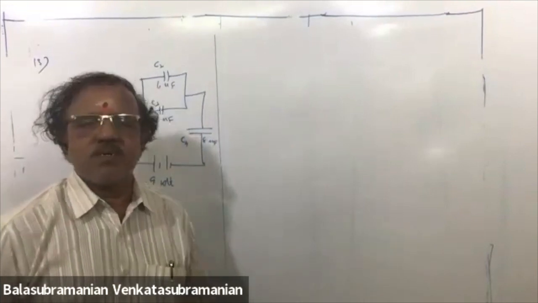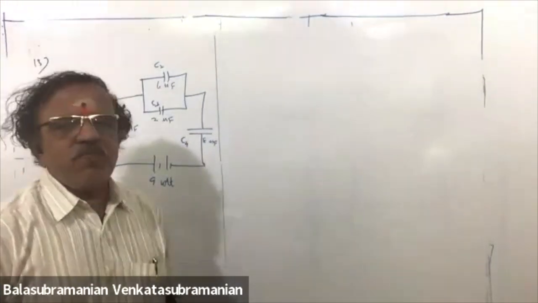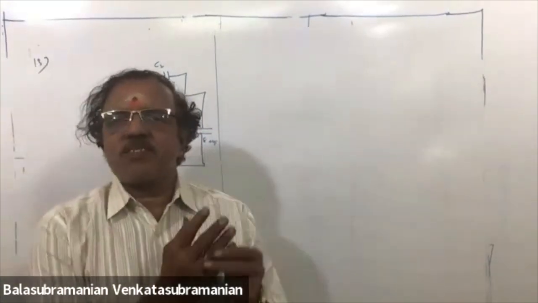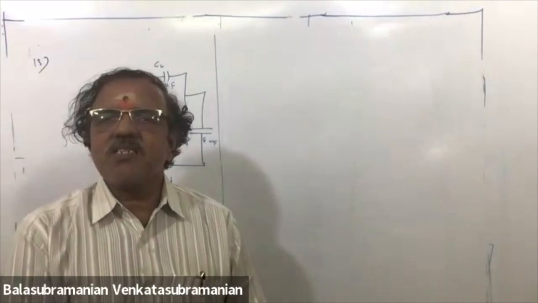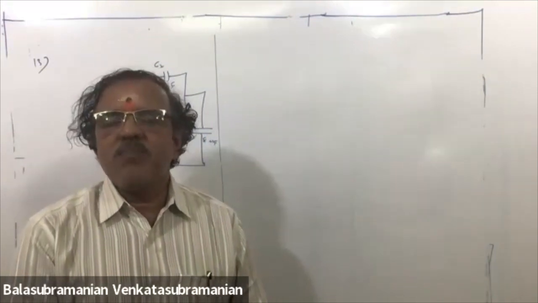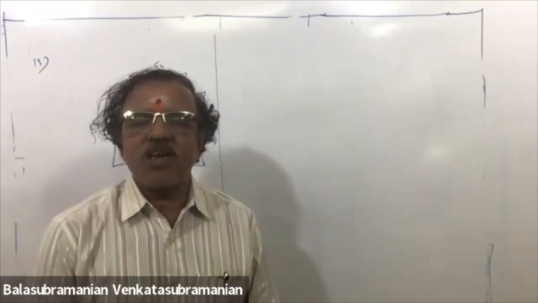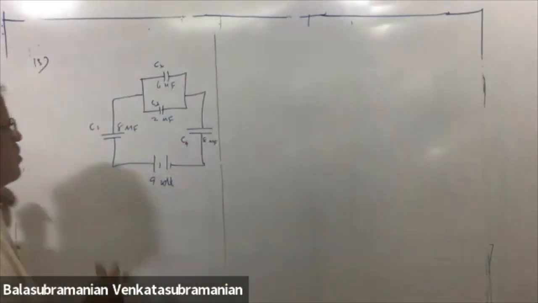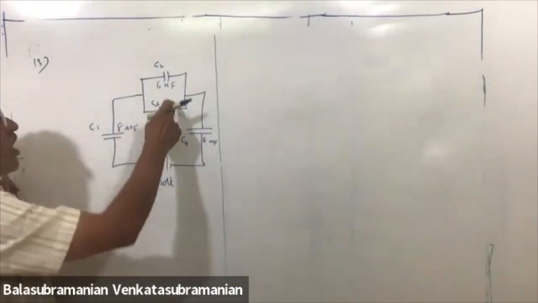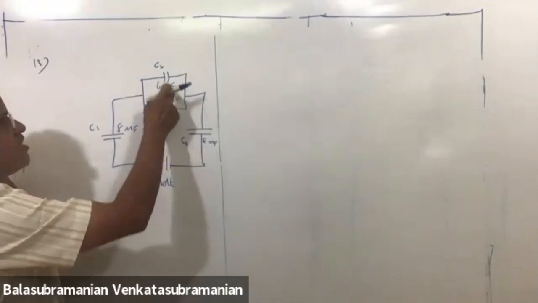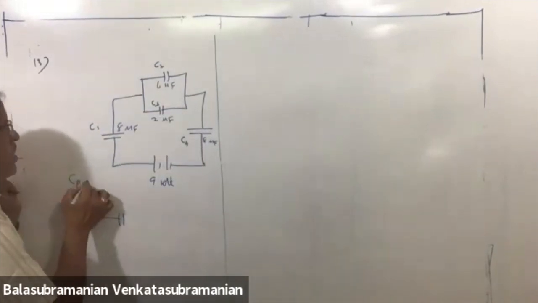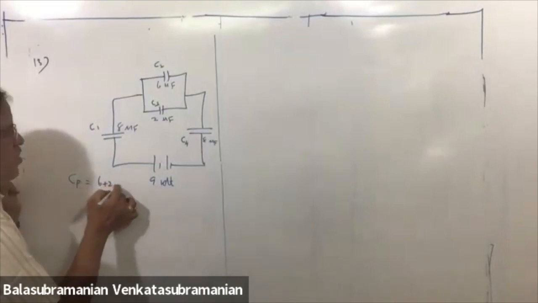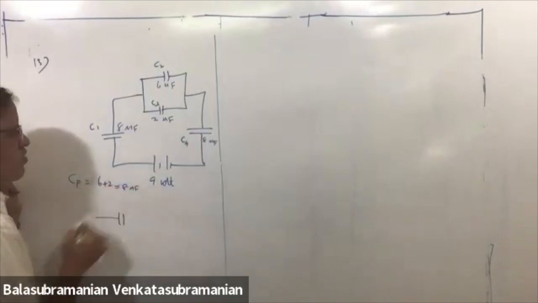Same concept. For any problem, first you calculate the resultant capacitance. Afterwards, in series means charge is the same. In parallel means potential is the same. You can calculate accordingly. So here, these two are in parallel. So CP is equal to 6 plus 2, 8 microfarad.